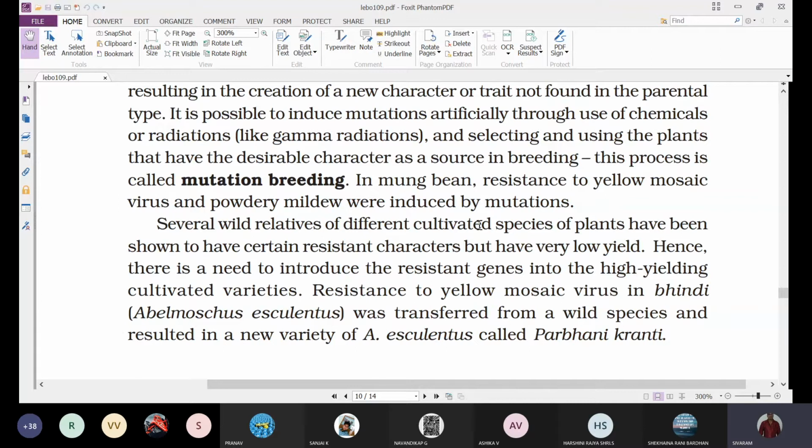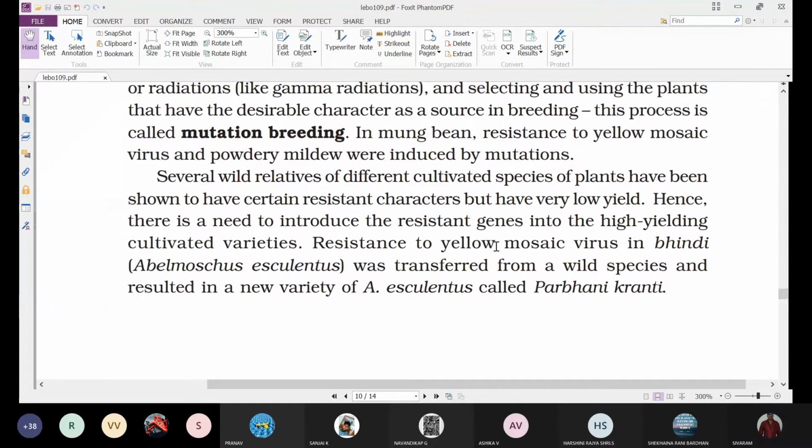So in mung bean, we have developed resistance against two diseases: yellow mosaic virus and powdery mildew.